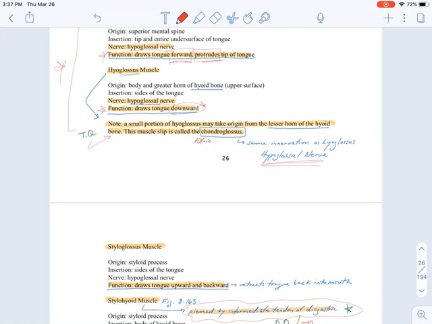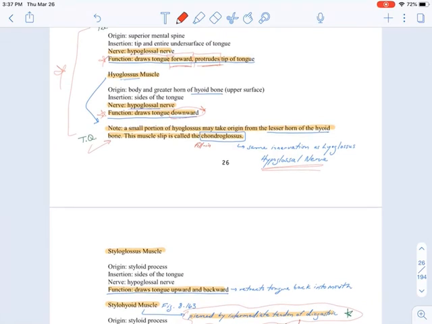And then this little note tends to show up quite a bit. A small portion of the hyoglossus muscle may take origin from the lesser horn of the hyoid in a muscle slip that's called chondroglossus. This is one that we almost always see as a fill-in. And it will also have the same innervation as the hyoglossus muscle, which is your hypoglossal nerve.